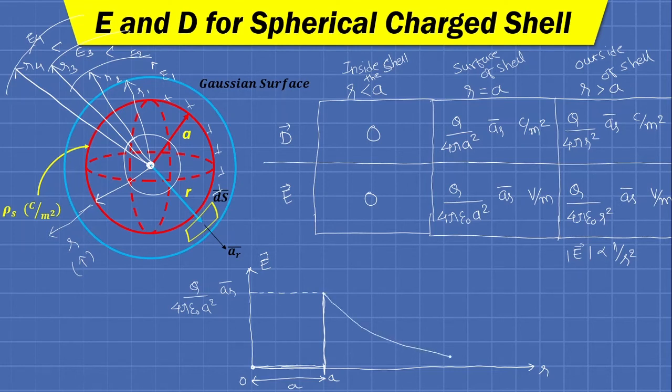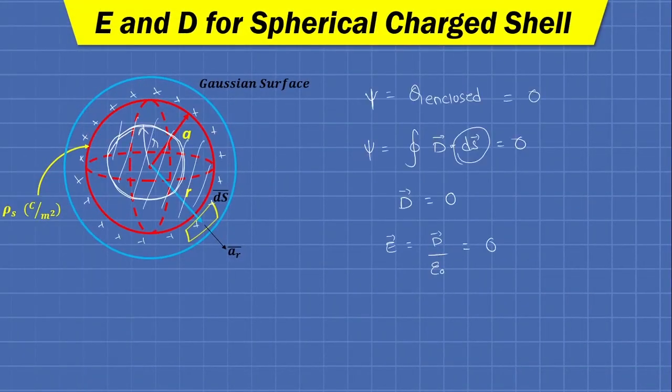So as we move away from the surface, our intensity will decrease in this manner. This is how we can graphically represent the value of field intensity for different regions due to a spherical charge cell.